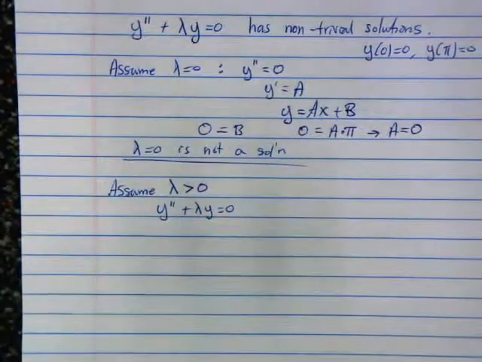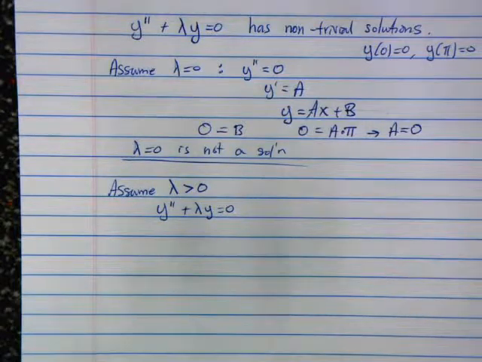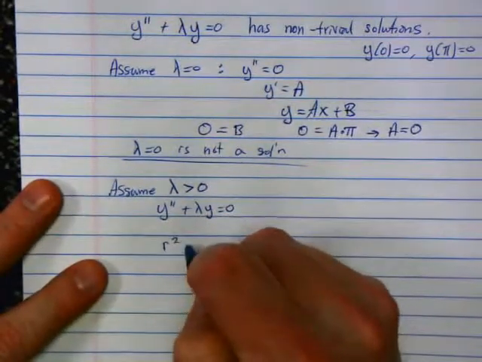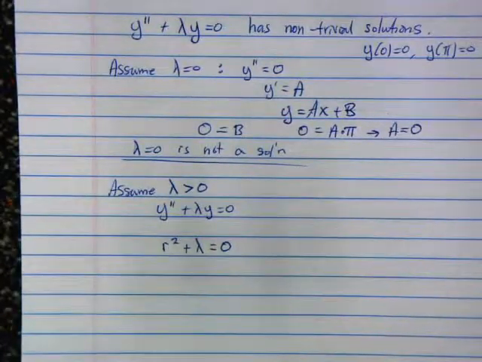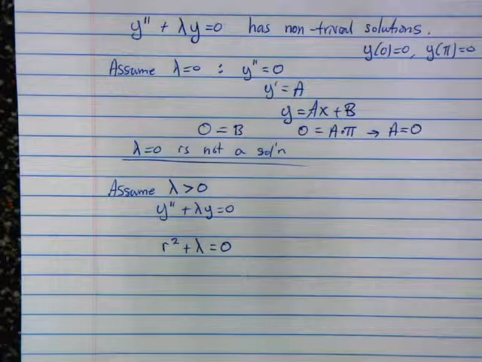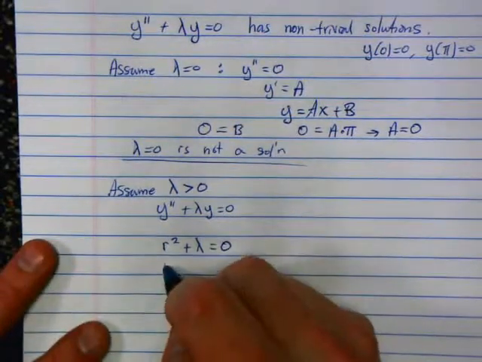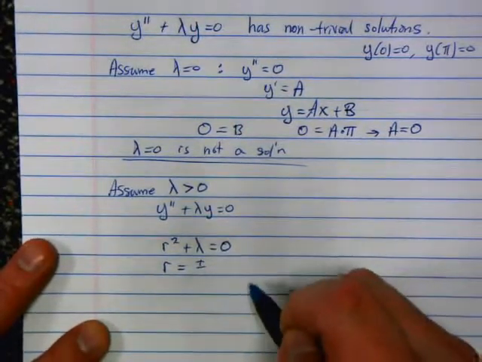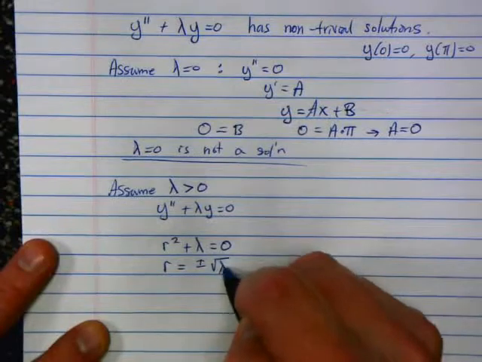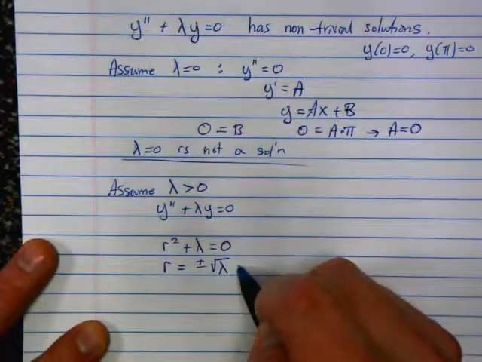If lambda is positive, we have y double prime plus lambda y equals 0, which means our characteristic polynomial is r squared plus lambda equals 0, which means r is plus or minus square root of lambda i.